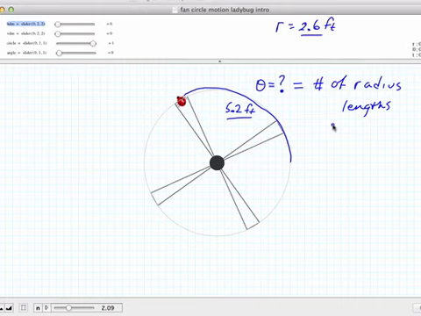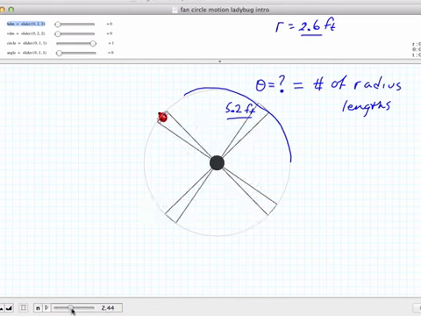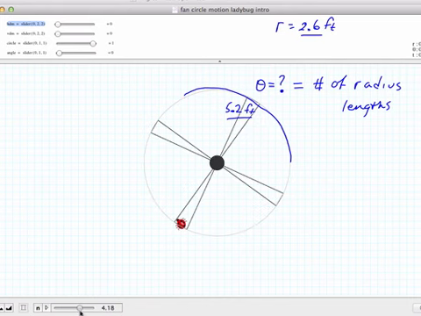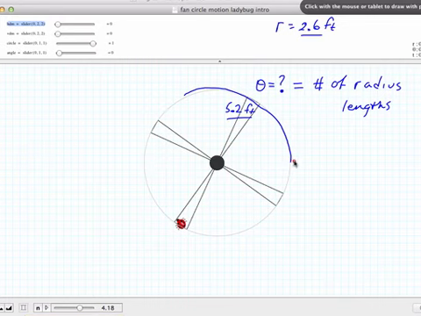Okay, then the next question is 11.7 feet. So 11.7 feet, something like down here now. So I'll do that in red.